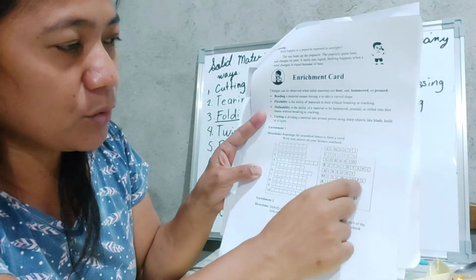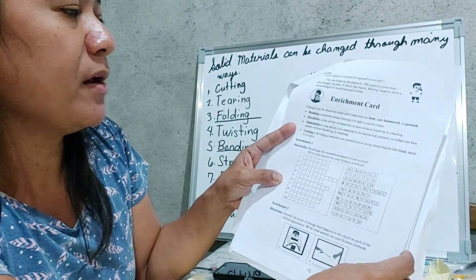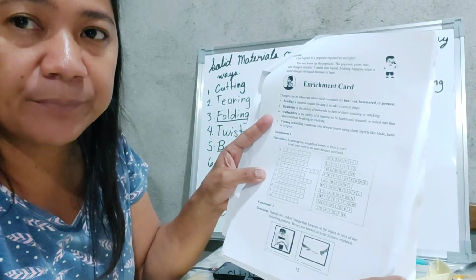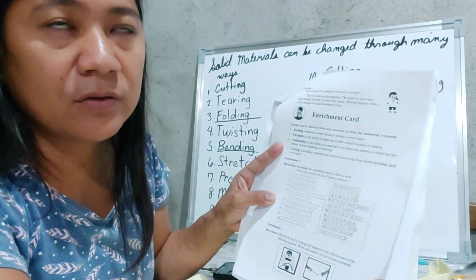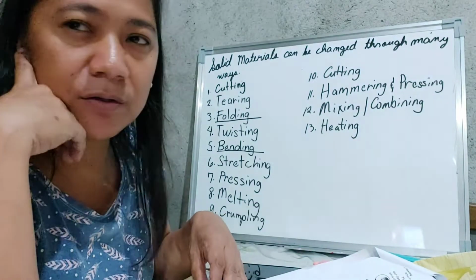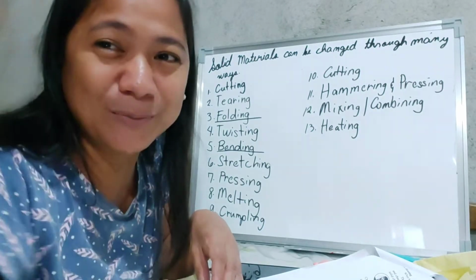So we're going to arrange the jumbled letters in order to form a word according to what we have discussed. Naantok na po.